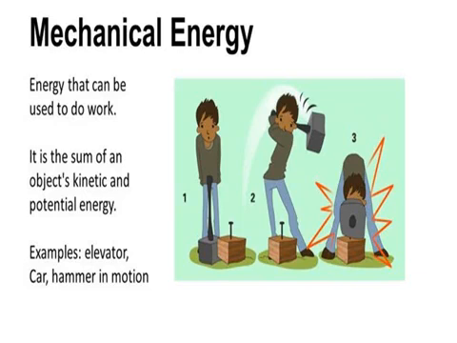It is the sum of an object's kinetic and potential energy. We are going to learn in detail about potential and kinetic energy in the upcoming slides. Examples: elevator, car, hammer in motion. So all these examples reveal the presence of mechanical energy, which is the sum of potential as well as kinetic energy.